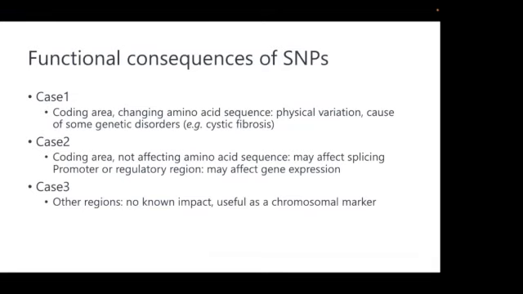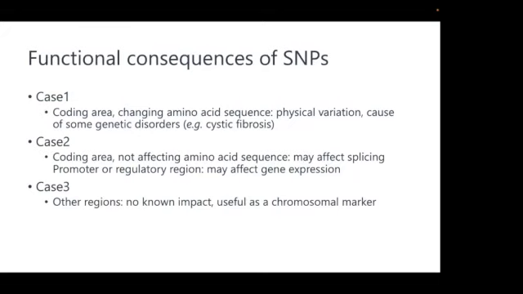Okay. So when there is a SNP, previously we were talking about one particular SNP that results in a cysteine to arginine change in the amino acid. So let's try to understand the SNP more systematically.